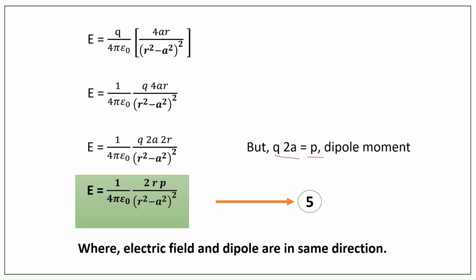Mark it as equation 5, where electric field and dipole are in the same direction. For a large distance, R is much greater than a, so a square can be neglected.